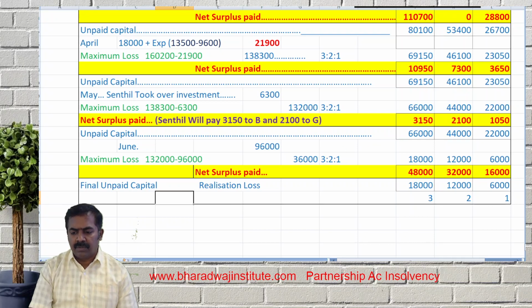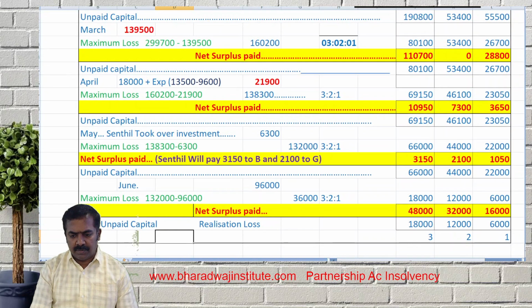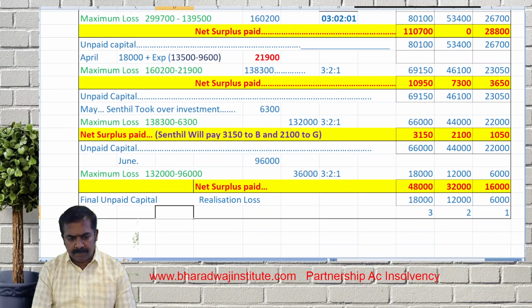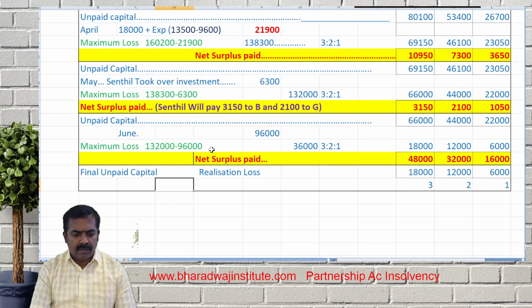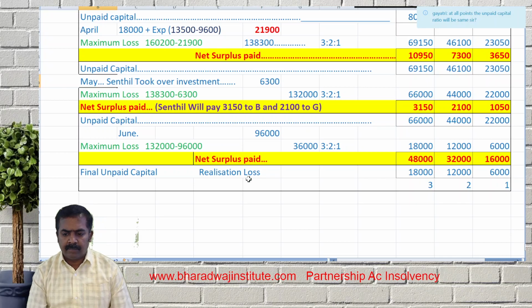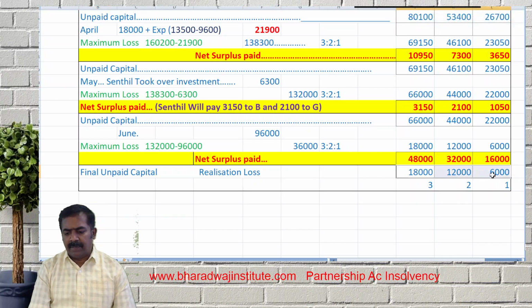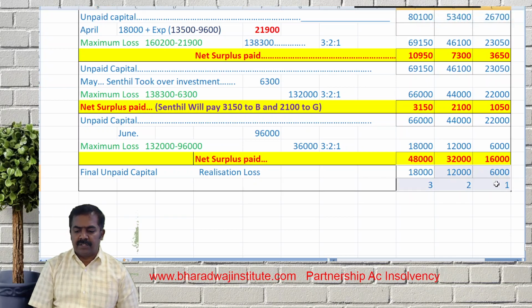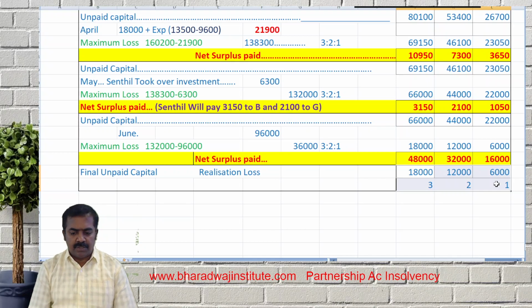May month Senthil took over the investment, yes. Final unpaid balance will be equal to realization loss. It will definitely be in the 3:2:1 ratio or profit sharing ratio.